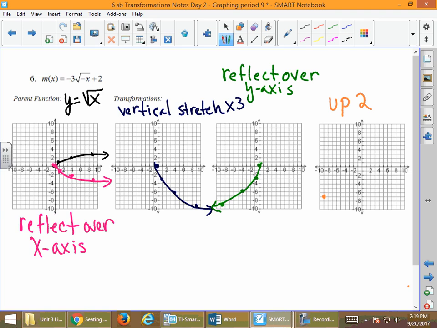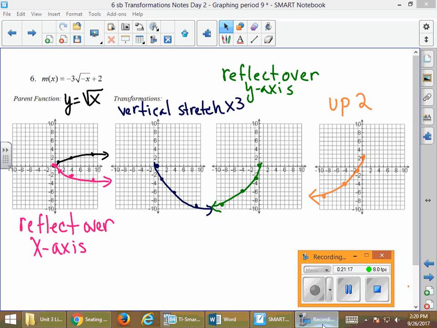And negative 4, negative 6 is going to become negative 4, negative 4. And negative 1, negative 3 is going to become negative 1, negative 1. And 0, 0 is going to become 0, 2. And there's our picture. Yes.